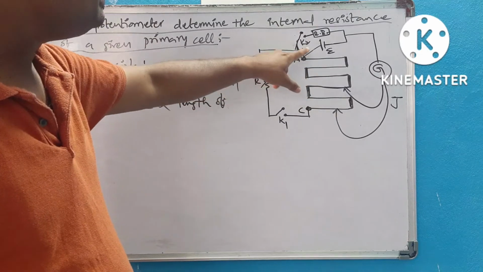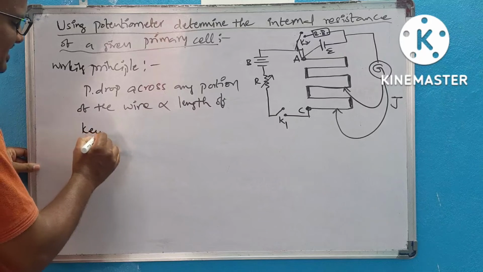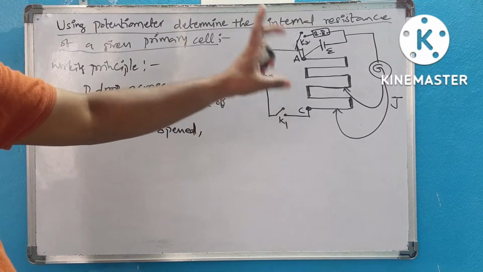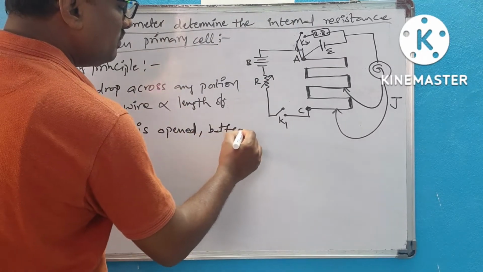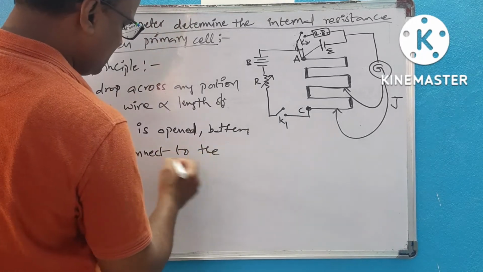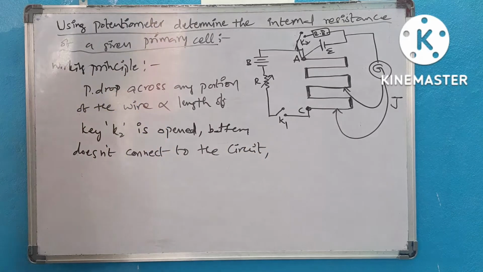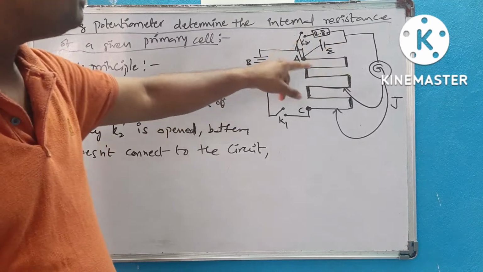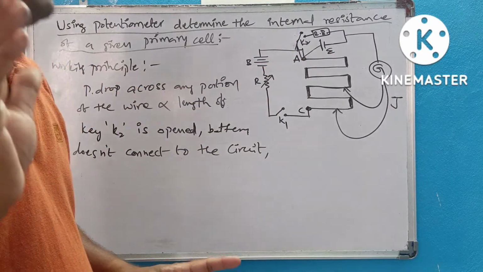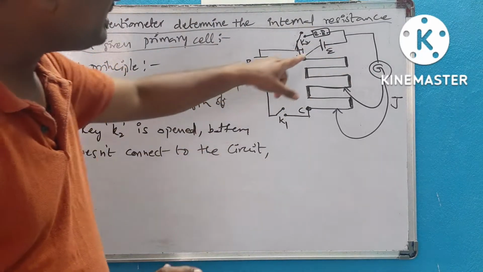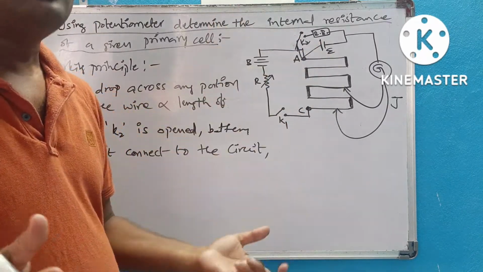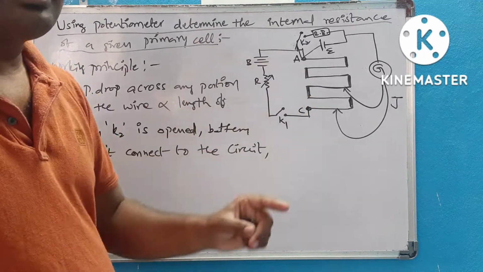Initially the key K2 is open. Whenever the key K2 is open, the battery is not connected to the circuit, so no current is drawn from the battery. Only the key K1 is closed. When no current is drawn from the battery, the battery is in open circuit and has the maximum potential difference.